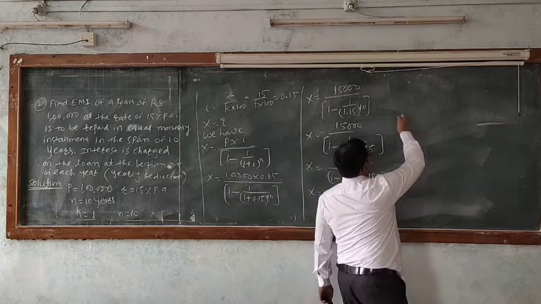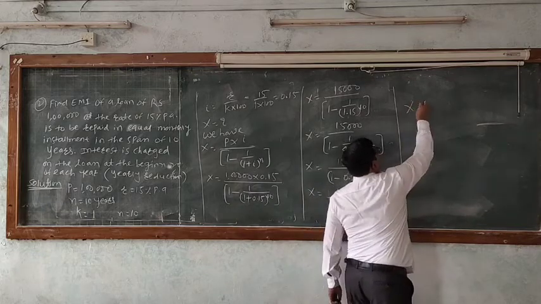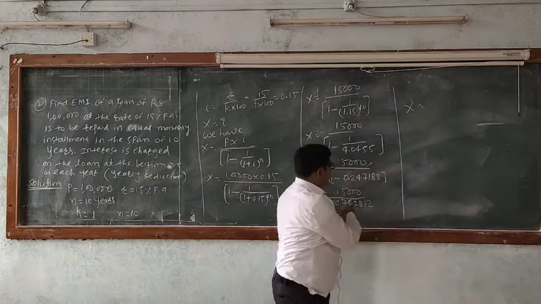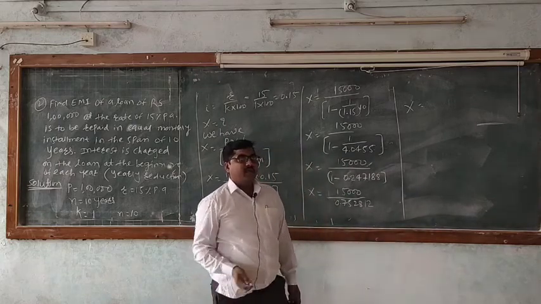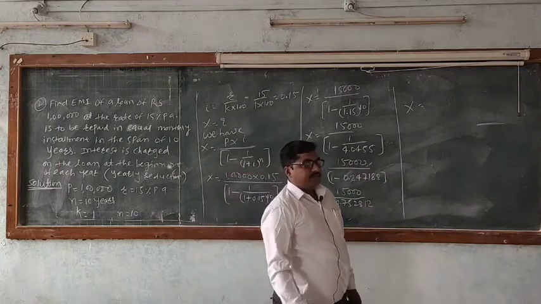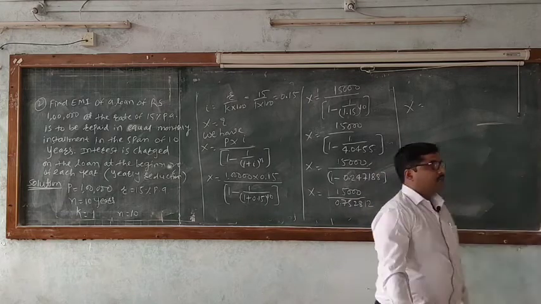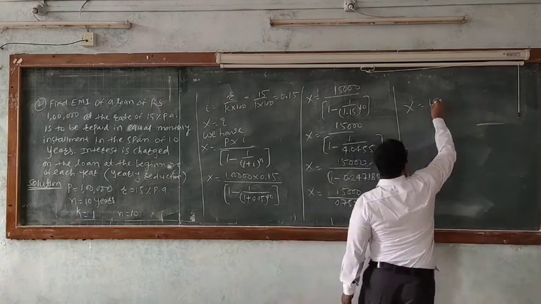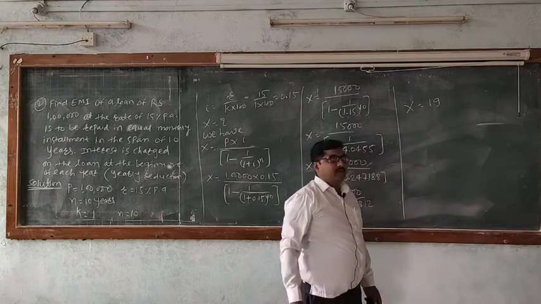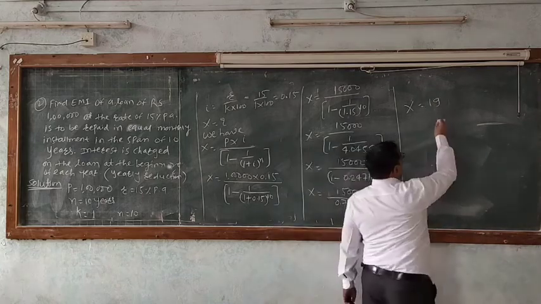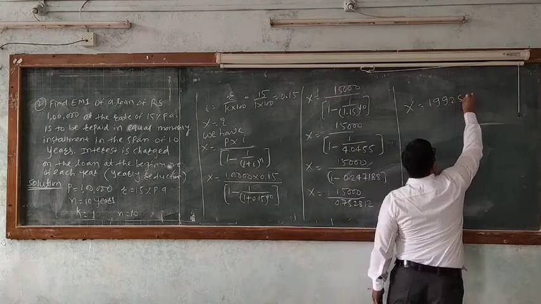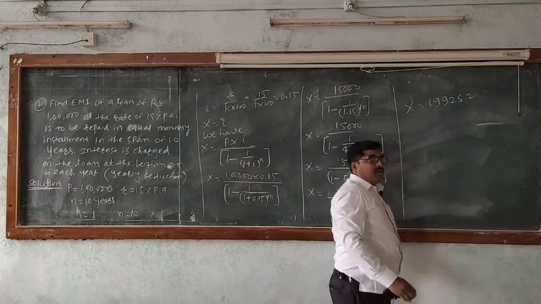Again, x equal to 15,000 divided by this, which is 925.29.